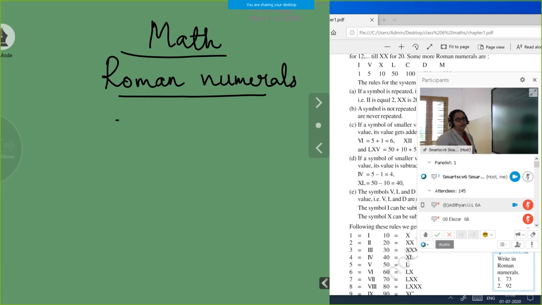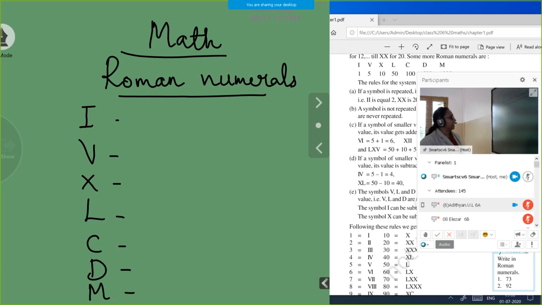Yesterday the teacher said the main commonly used Roman numerals are I, V, X, then 50 means L, then C, then D, then M. These are the main Roman numbers we are using.